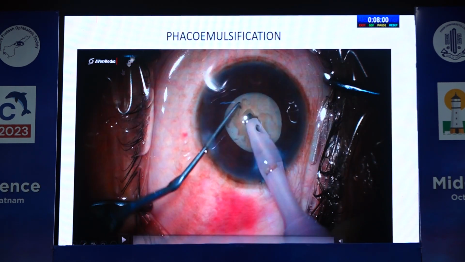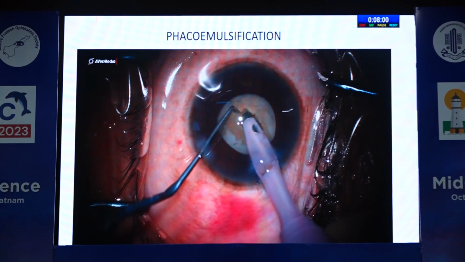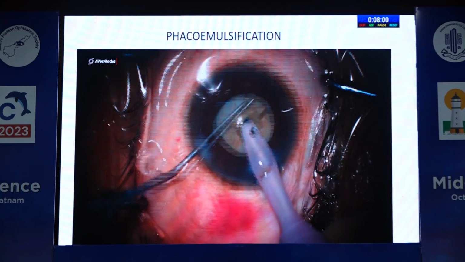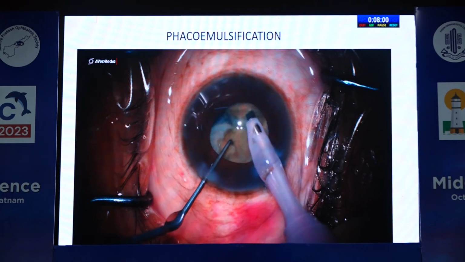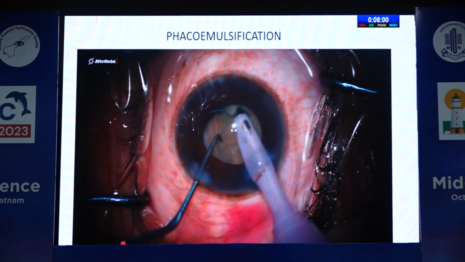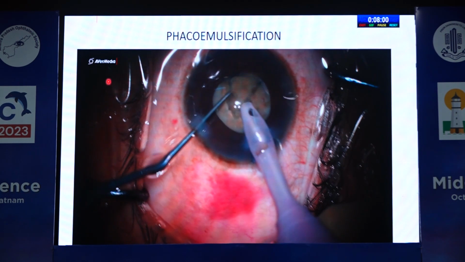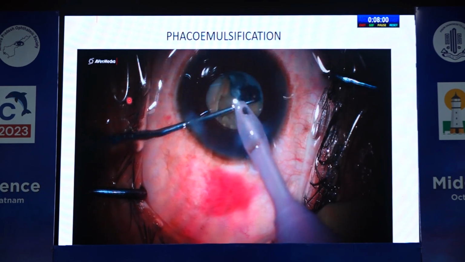Next, coming to phacoemulsification, this is a case of mature cataract with around 5 mm of dilatation. And if you're a beginner, it is always better to perform the surgery under a peribulbar block. As you can see, there is a central trench which is done, and the nucleus is being chopped by vertical chop into several smaller fragments.